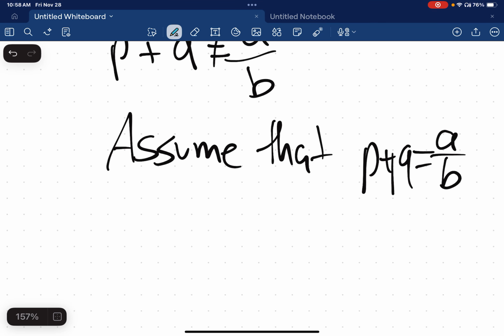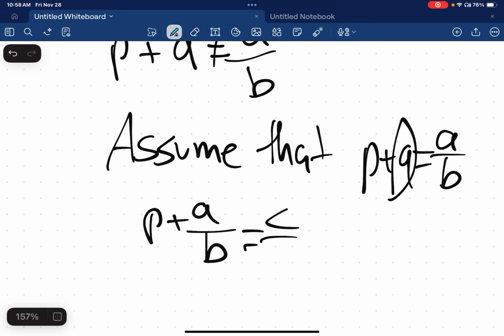And if we know that q is rational, we can set this as p plus a divided by b is equal to, we'll do C divided by D since I already used A divided by B over here. So I don't want to make it look funky.